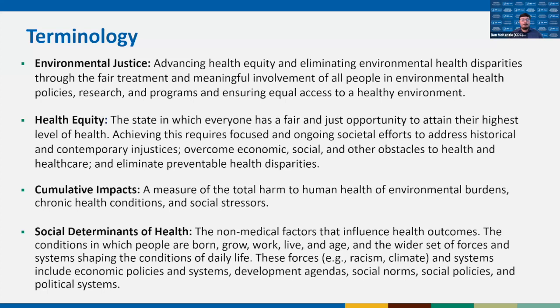This framework makes it the mission of our nation's health programs, like CDC and ATSDR, the Agency for Toxic Substances and Disease Registry, to eliminate health disparities and to achieve health equity. These concepts of cumulative impacts and environmental justice are, again, inextricably linked to those social determinants of health and health equity. So now that we've got a shared vocabulary and a shared understanding of some of these concepts, let's talk about them in terms of our Environmental Justice Index.